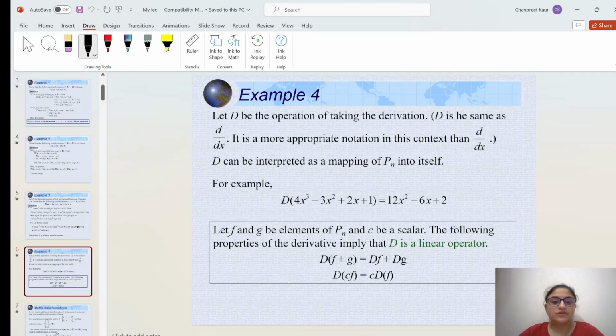So for any f and g in Pn, again Pn denotes the real polynomials up to degree n, and c be a scalar. So if I take D as a linear operator, the action of D is differentiation. So the differentiation operator is a linear operator. It is simple to see that D applied to f plus g is Df plus Dg, and D applied to scalar times f is scalar times Df.